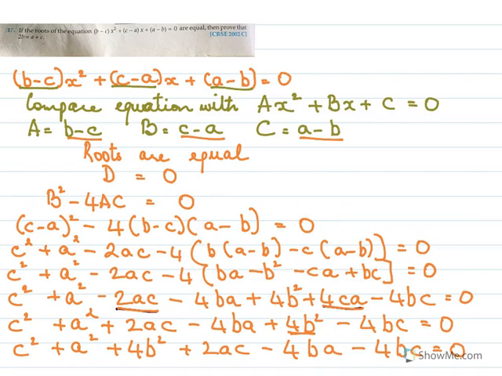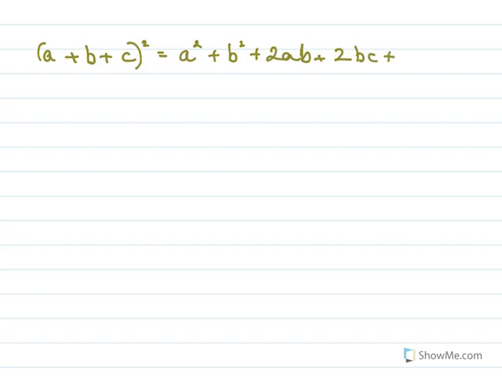Before we go ahead, let us recollect an identity that we require here. We know (a plus b plus c) the whole square equals a square plus b square plus c square plus 2ab plus 2bc plus 2ca.